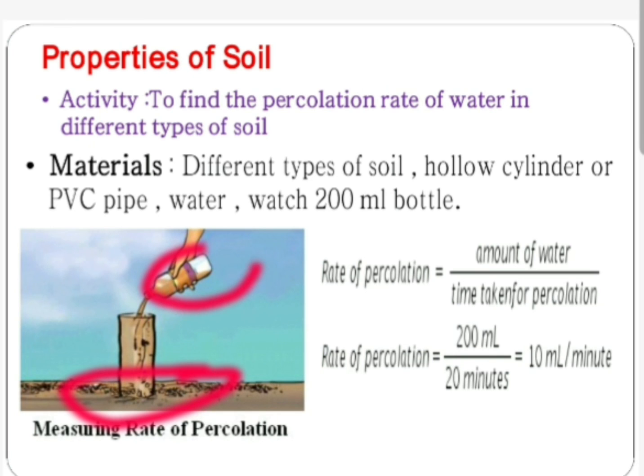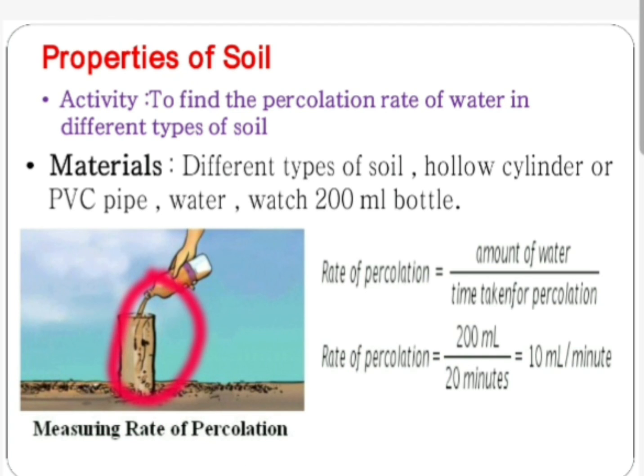Pour 200 ml water in the pipe slowly, measuring 200 ml water.